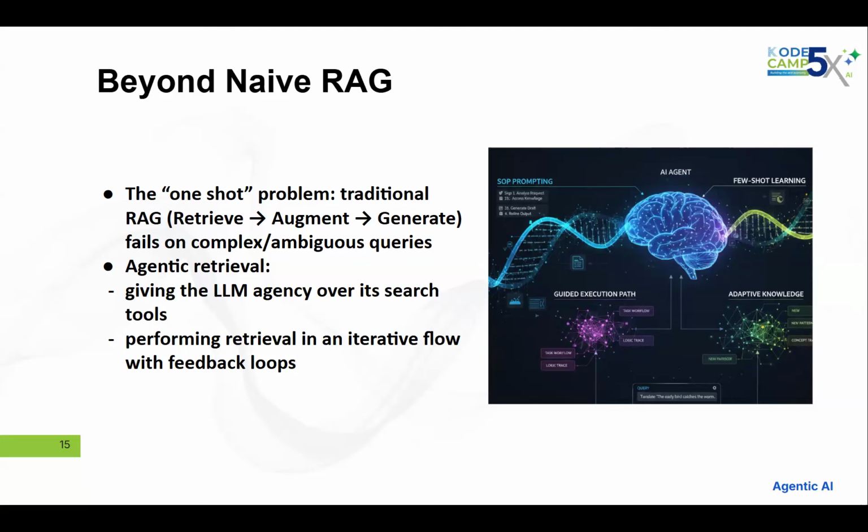giving it agency over that retrieval, such that it can decide which search tool to use based on the given context. It's like a roundabout thing, using context to refer to context.